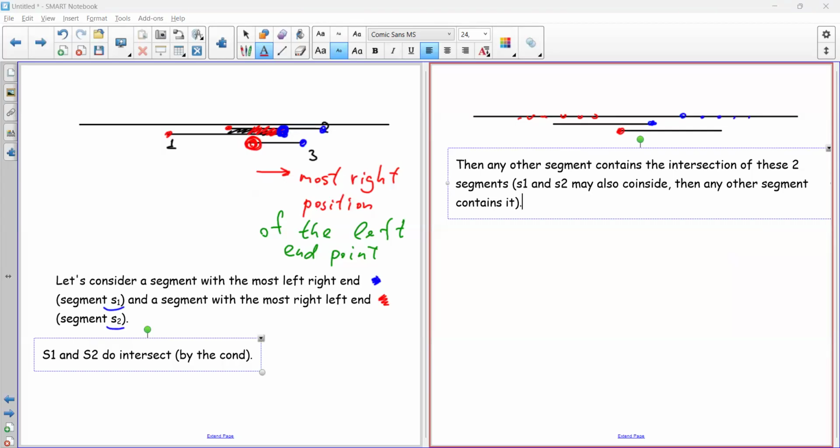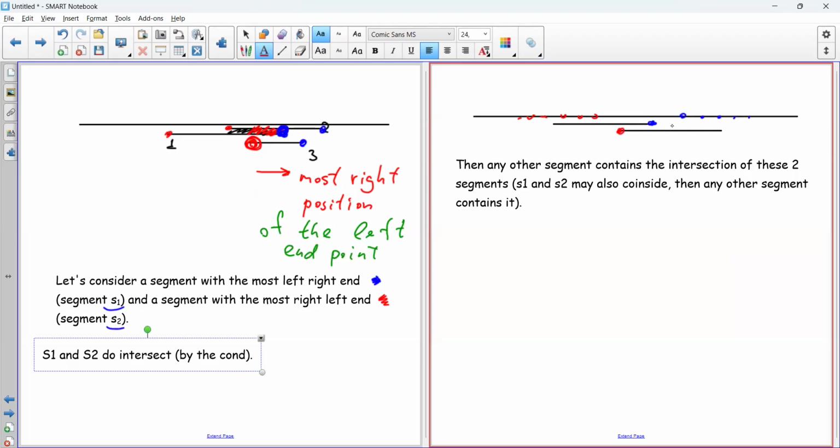Okay, why is that? That is actually by very natural observations, because we consider any other segment, its right end would be at least on the level of the most left right end.